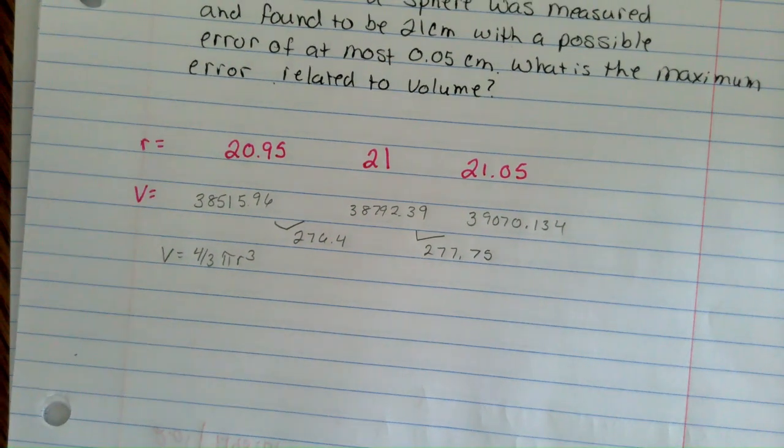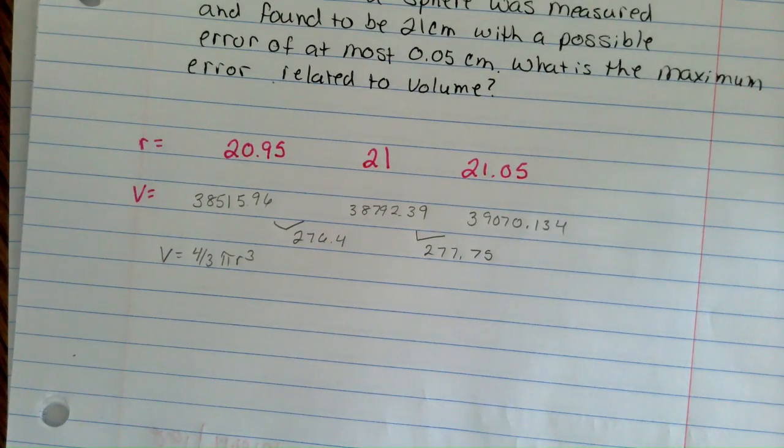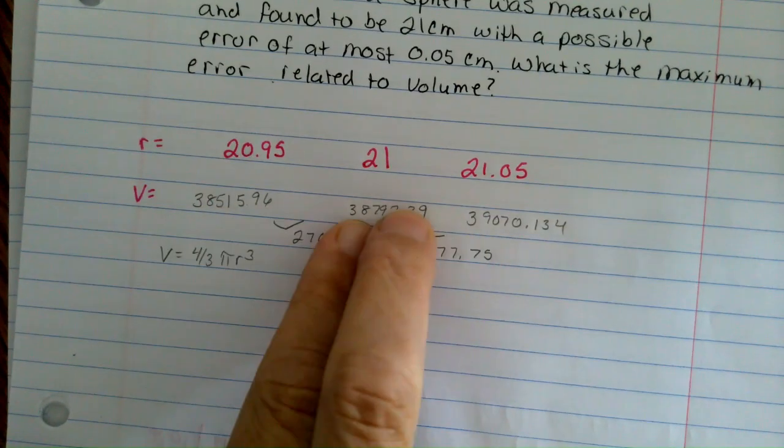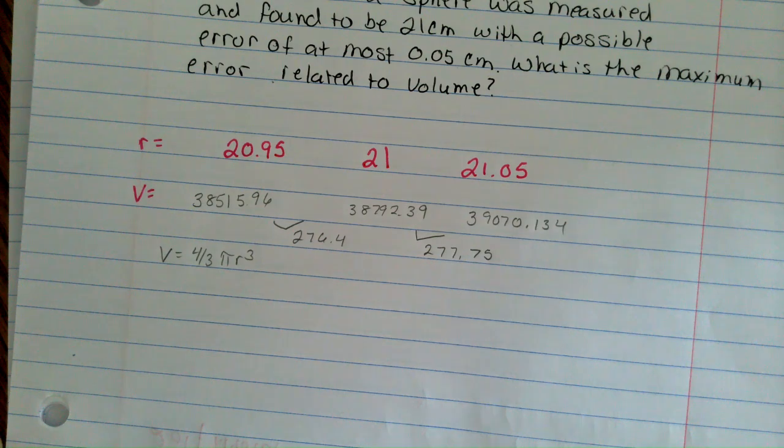So one was about 277 one way and the other was about 277 the other way. So to safely say, our volume is definitely going to be somewhere between these two numbers if we measured that. And of course, those are all in cubic centimeters.